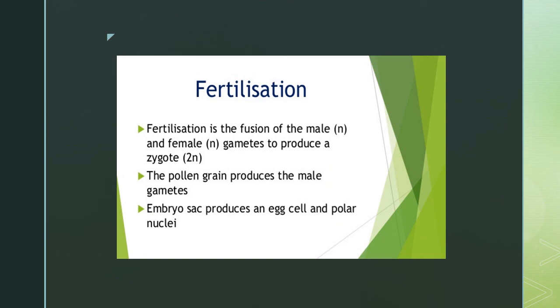Fertilization is the fusion of the male gamete and the female gamete to produce a zygote. The pollen grain produces the male gamete, and the embryo sac consists of the egg cell and the polar nuclei.